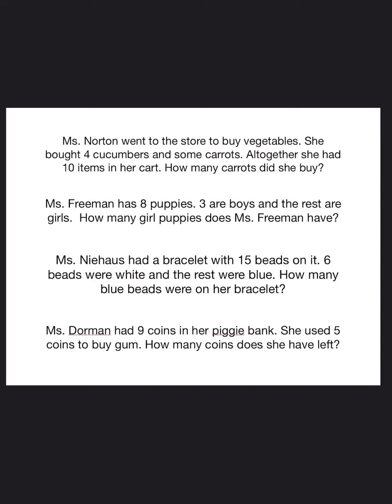This one is different because it's a takeaway problem. We're taking away coins. Don't forget, when we were learning this strategy in school, we were using a cross-out method. So you might have a few coins of Miss Dorman's, and then you take some away. Go ahead and give that equation a try.